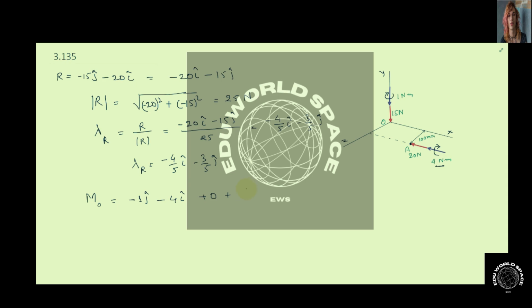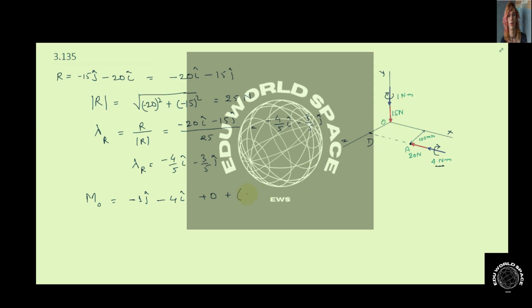So the moment because of this 20 Newton force will be the position vector cross the force. Since this is going to intersect the z axis here, let's say this point is D, so the position vector of point D will be the OD vector, and that will be 0.1 k cap.